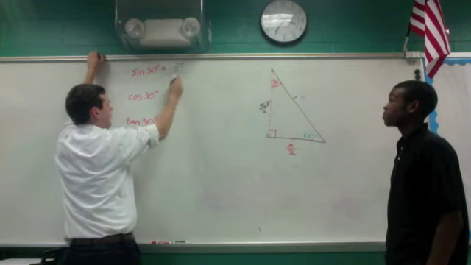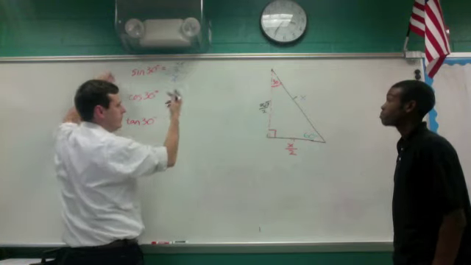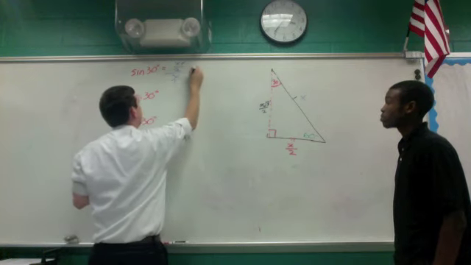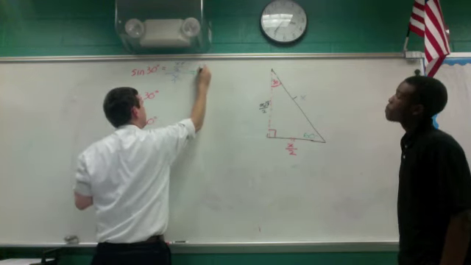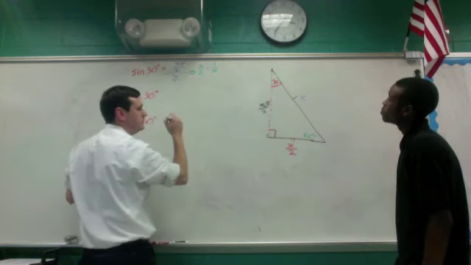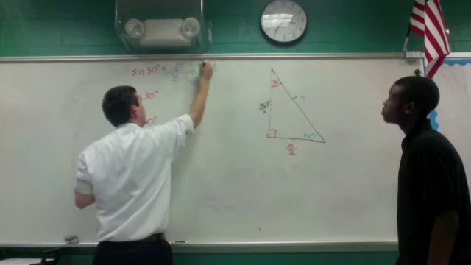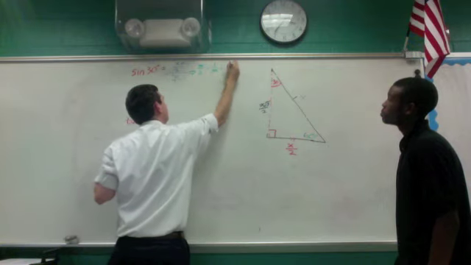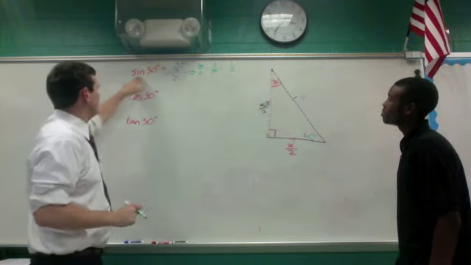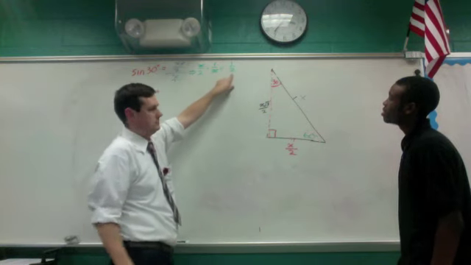And this is like x over 1, right? So in order to divide the fractions, we have to flip and multiply. So that's like x over 2 times 1 over x. The x's cancel. What's left is 1/2. The sine of 30 degrees is 1/2.